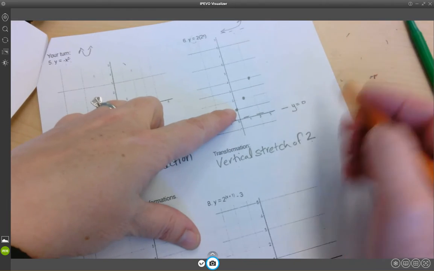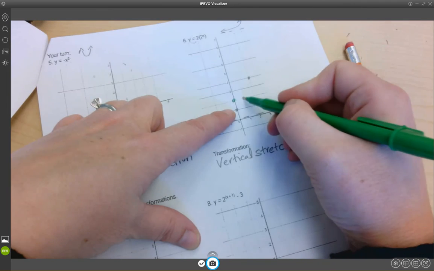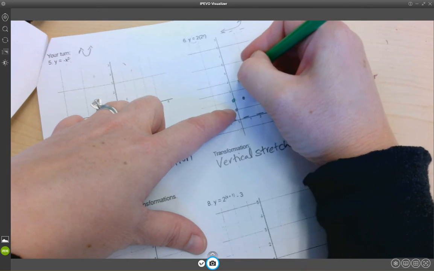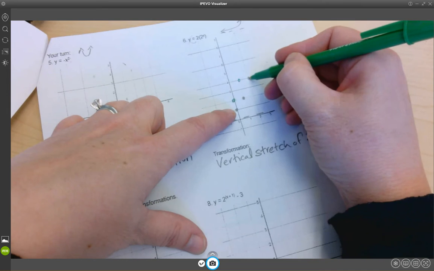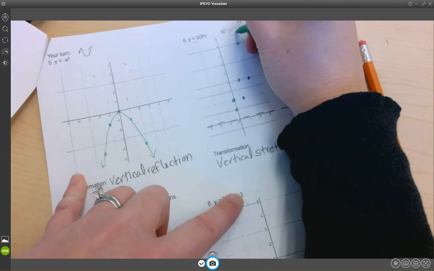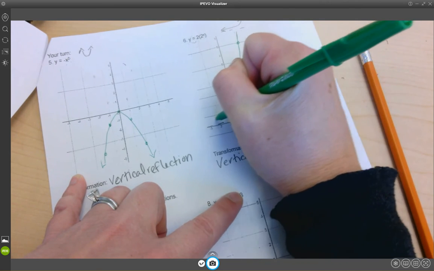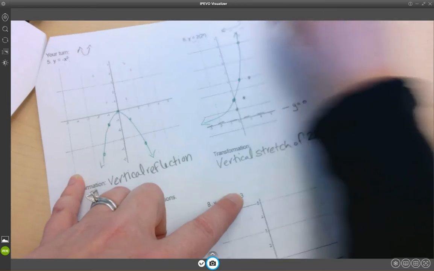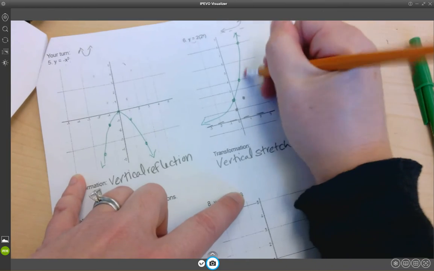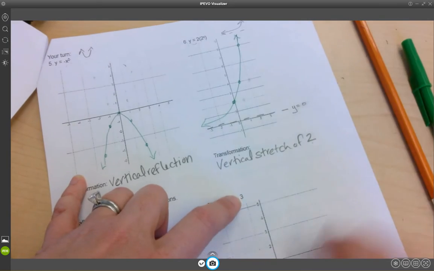So the y value here of 1, multiply that by 2. The y value here of 2, you want to multiply that by 2. And the y value here of 4, you want to multiply that by 2. And you'll see that it does create a vertical stretch of your exponential equation. And I'll erase the parent function points, but it has the same asymptote, so I can keep my asymptote.